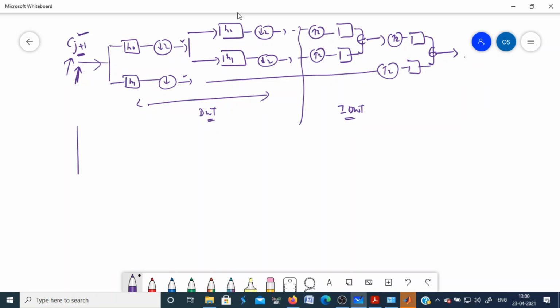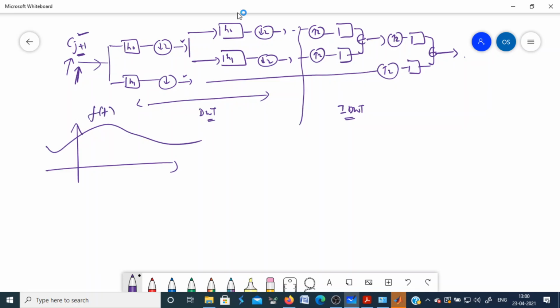If you have a function of t, and the scale is very high, these scaling functions can be approximated by impulse signals, delta t.